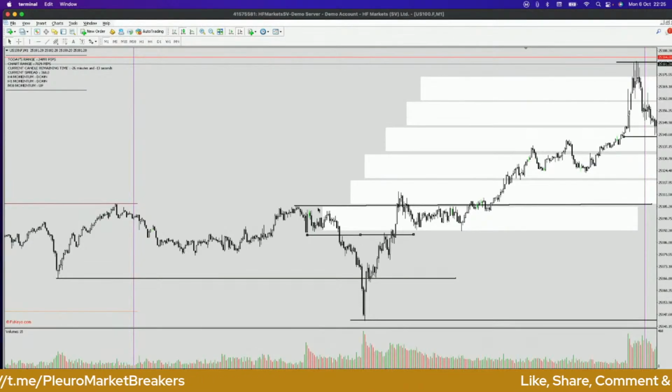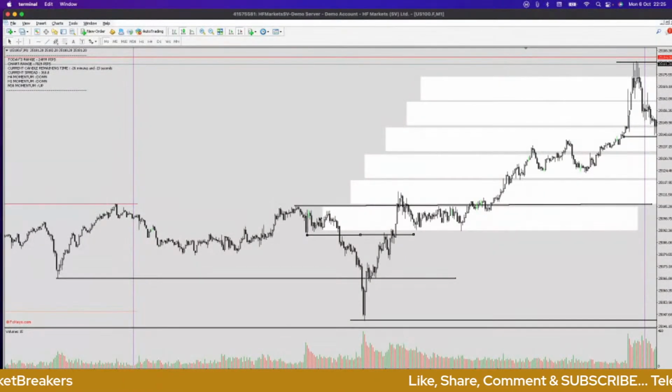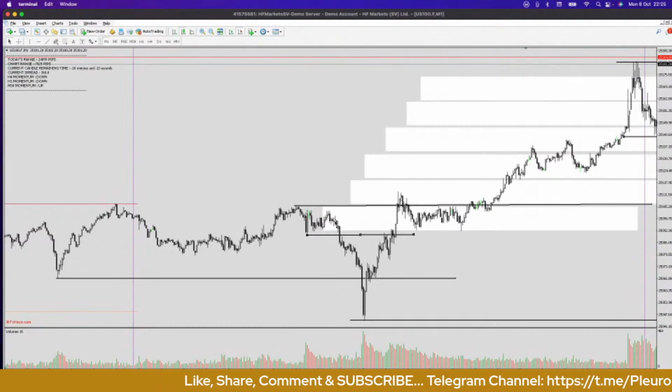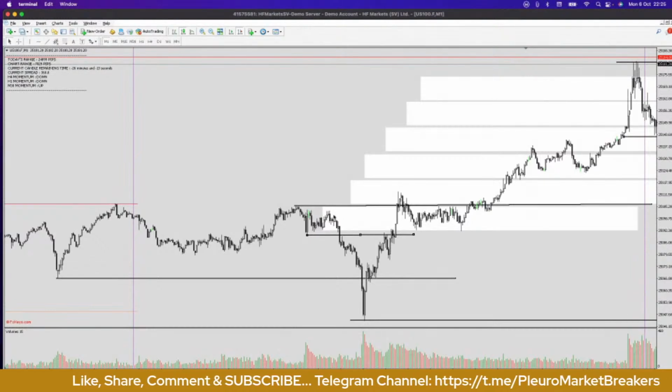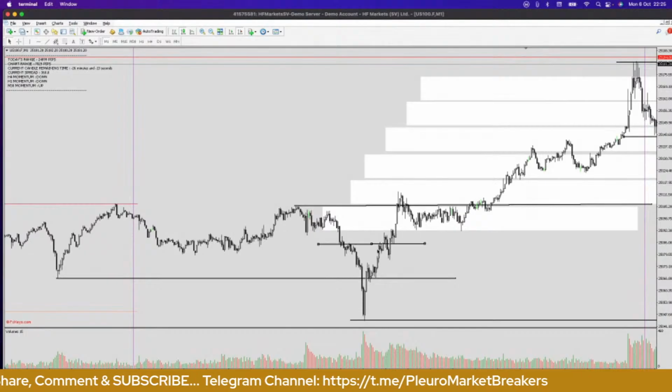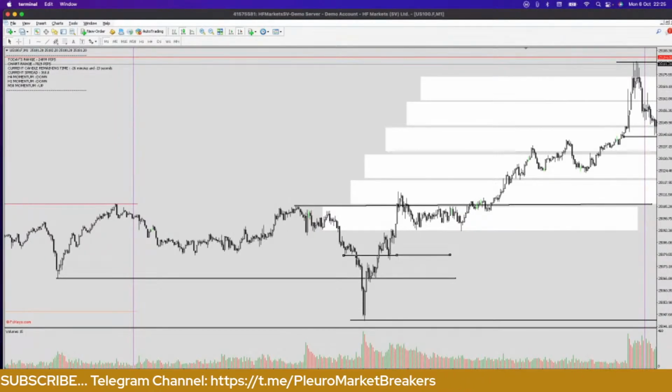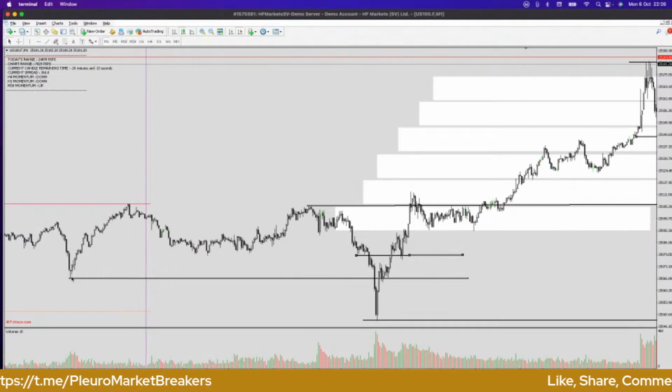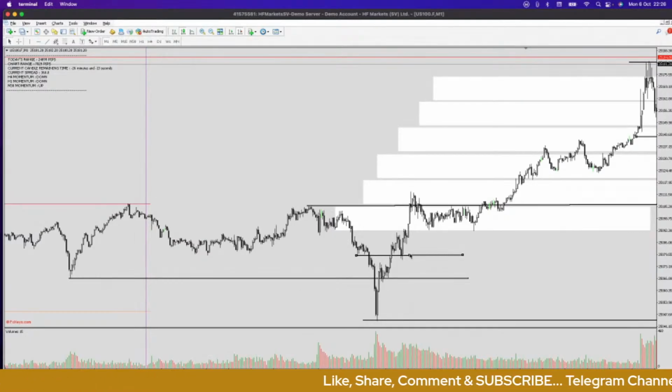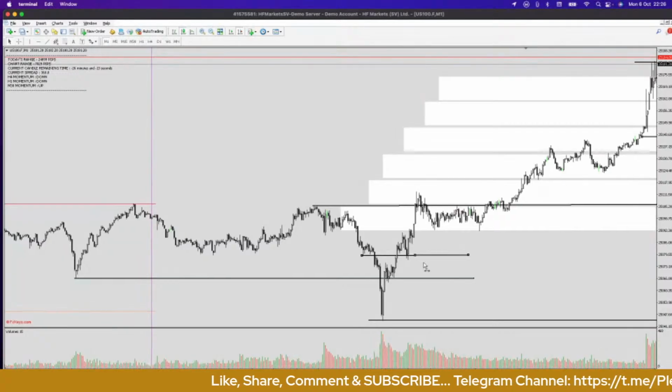Did it shift structure? You can argue it shifted structure here. Was there an engulfing after? No. It took out this low. Did it shift structure? No. Then it took out this one. Did it shift structure? Yes. Where did it shift structure? Here.